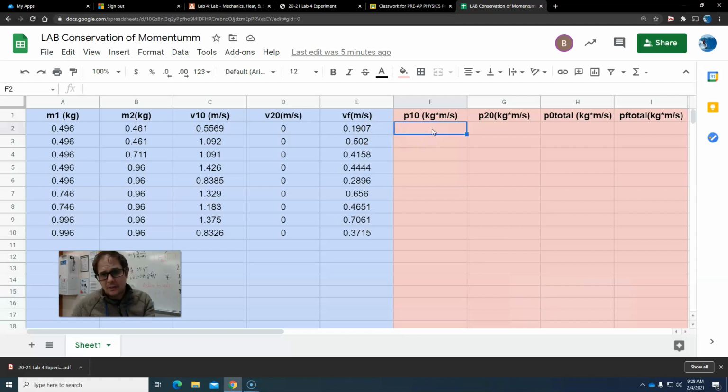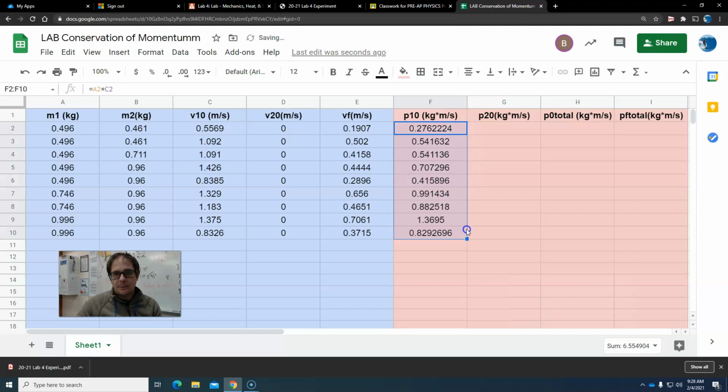So first let's calculate the momentum of the first car. You press the equal sign, and it's mass times the initial velocity of the first car. And this is the momentum of the first car. Because the second car was at rest, the momentum is 0 for the second car.